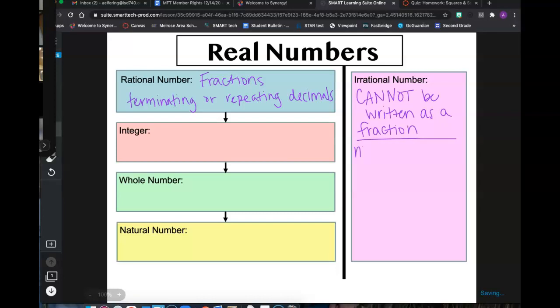It is non-terminating and non-repeating decimals. So I'll give you a second to write that down. Okay, it cannot be written as a fraction. It's non-terminating and non-repeating decimals.